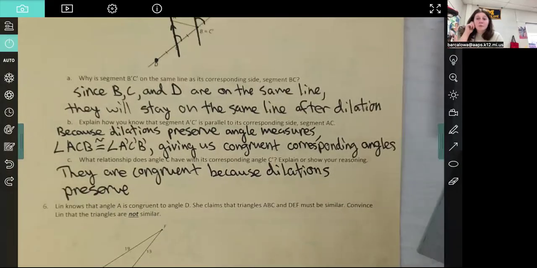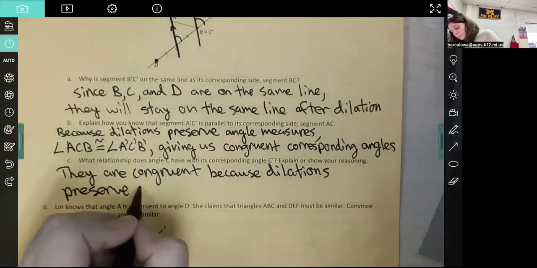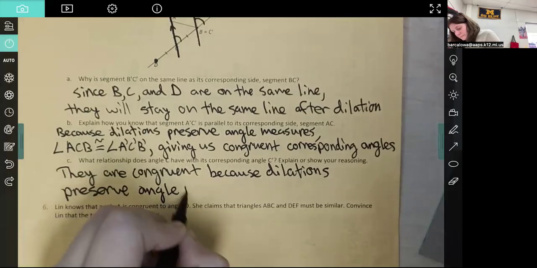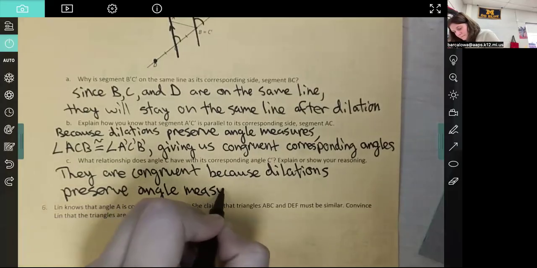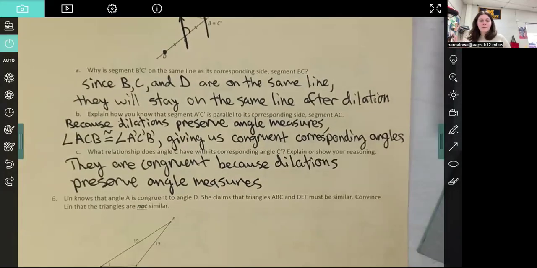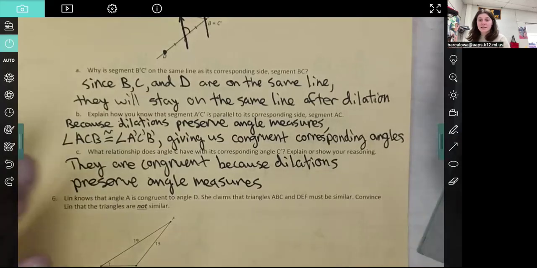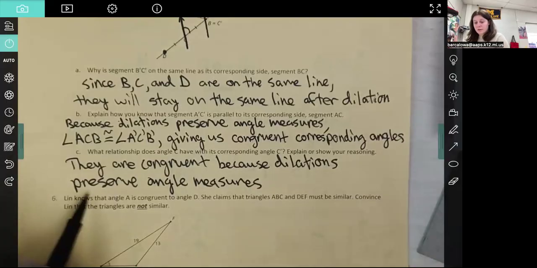If you forget that word preserve, you could just say keep angles the same. I'm using these words specifically because it's more concise, it's less to write out. But if you forget one of these words, you can put it in your own words, right?